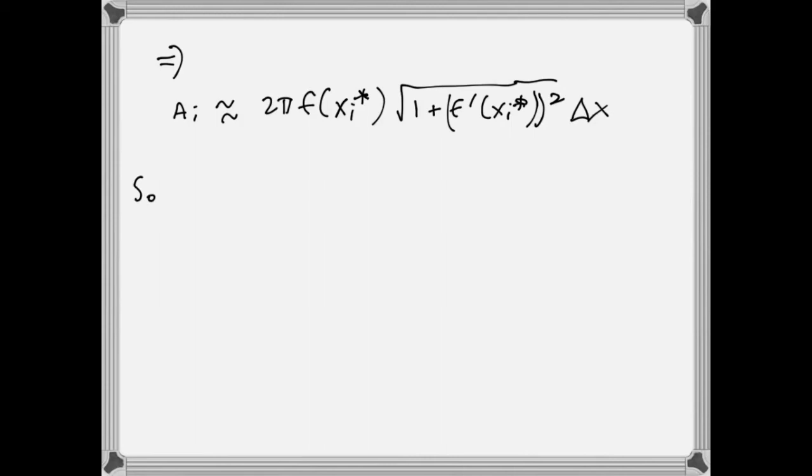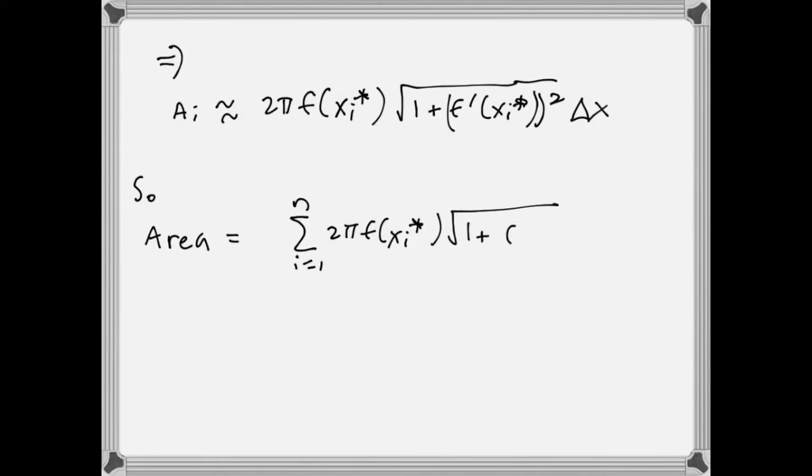So what will the area be of the entire shape? So the area is going to equal, so what we want to do is we want to add them all up. We're going to add up 1 to n of 2 pi f of xi star square root of 1 plus f prime of xi star squared delta x. And then we're going to write the limit as n goes to infinity of that.